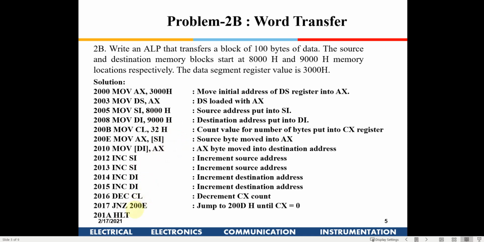So we can use that. I think there was an example like that in the theory class. I have explained specific examples also. So generally for SI and DI increments we should not use add, we should use the increase command, as a general rule. That helps in certain cases. So we have increased SI twice, DI, and decreased CL. Okay, so this is the second option we need to do.